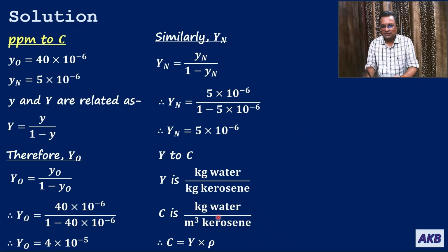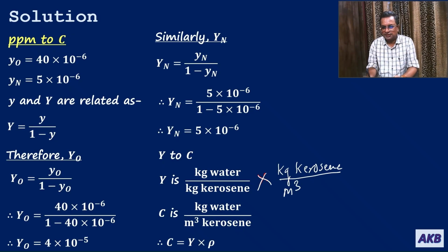So if I multiply capital Y, which is kg water per kg kerosene, with the density of kerosene, which is kg kerosene per meter cube kerosene, because density is given to me, what is going to happen?